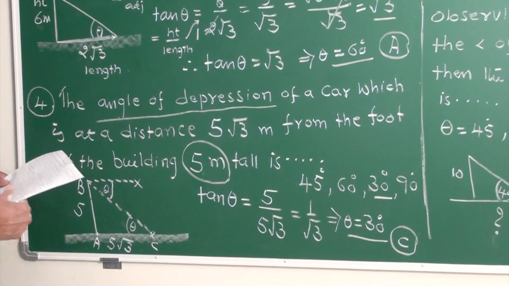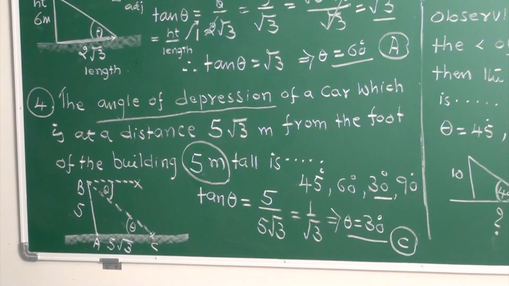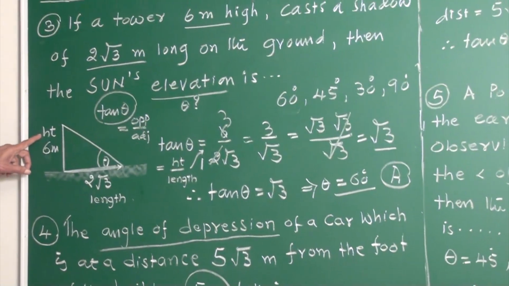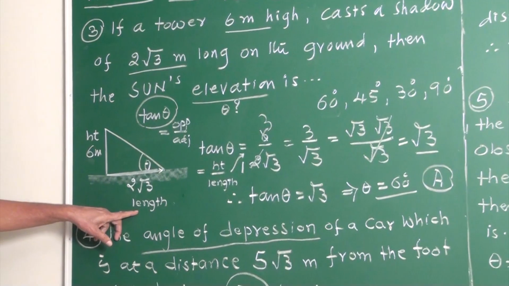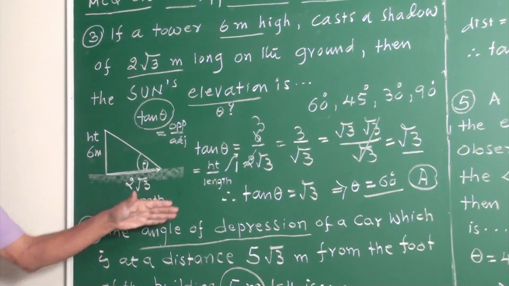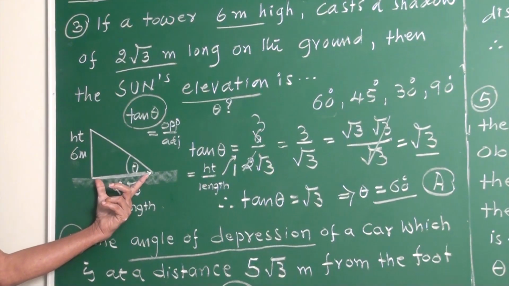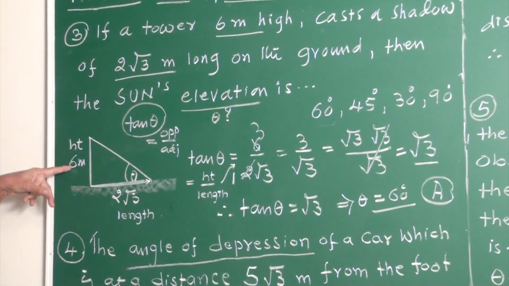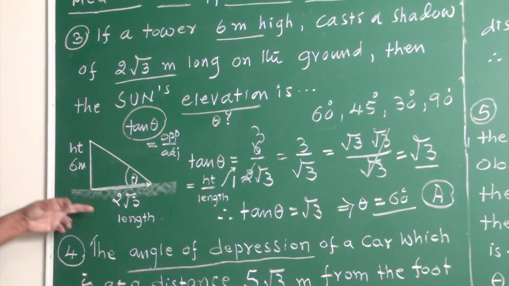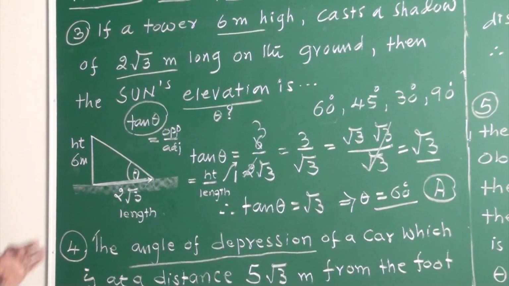C. In all these examples, my friends, remember tan theta equals height upon length or distance, anything. This is the distance along the ground. This perpendicular means it comes with a height. Tall means height. Therefore, remember this formula.